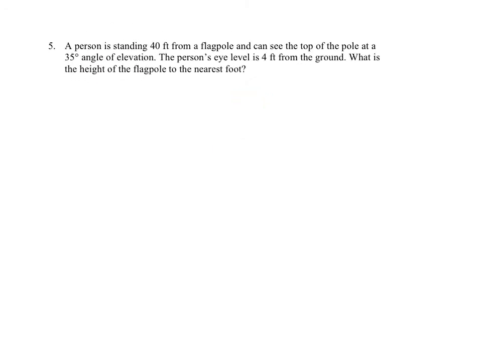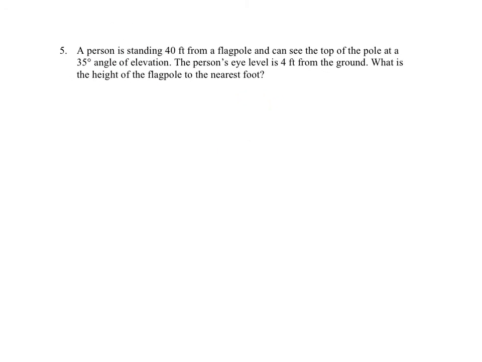Okay. So now I have a person standing 40 feet from a flagpole. So I have a flagpole over here. I have a person right here. And he's standing 40 feet from that one, right?